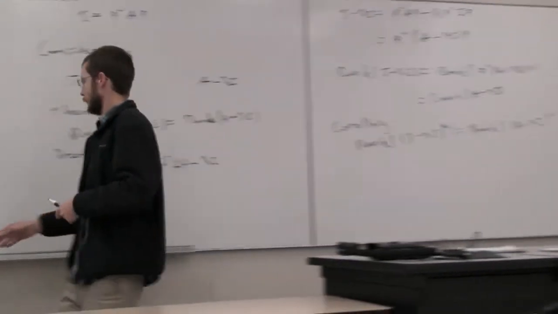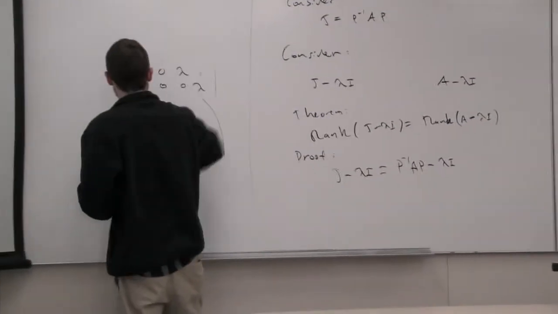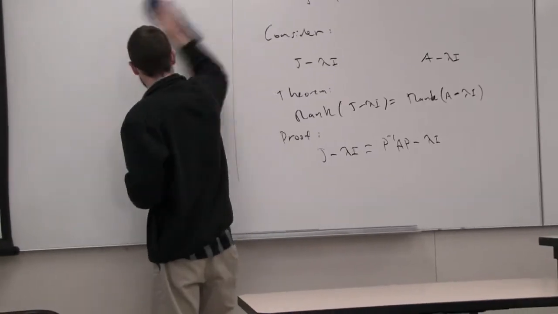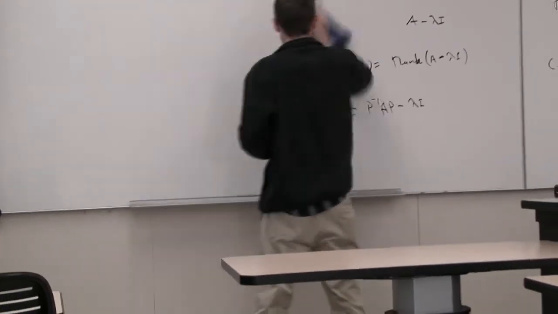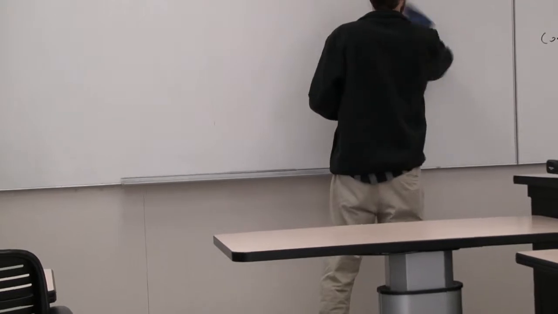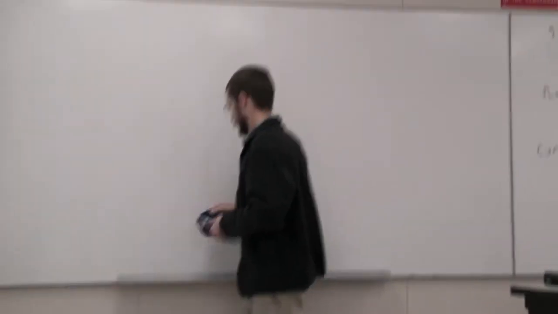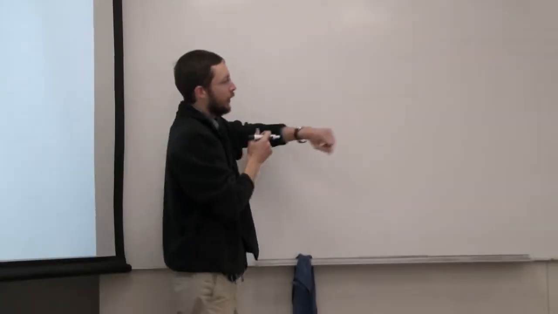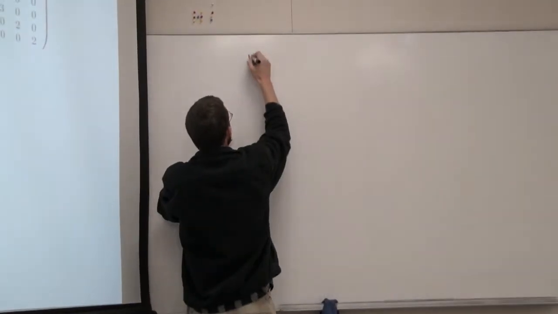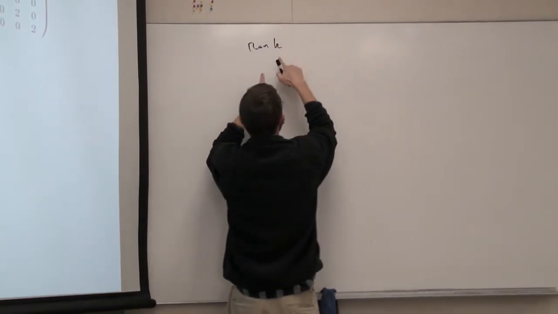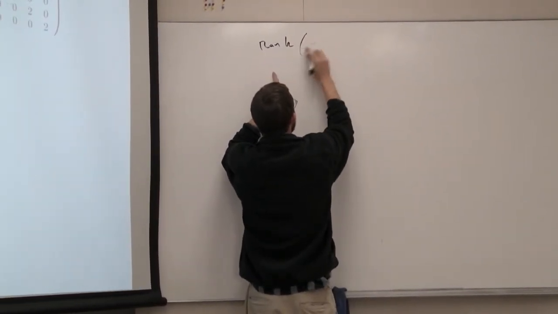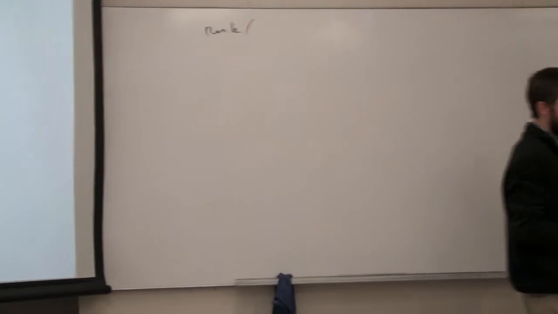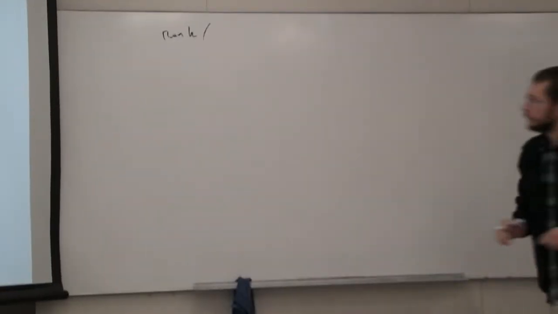And so to see this, it's pretty easy. All we have to do is same sort of deal as before. And let me take a look at how I set this up in my notes.